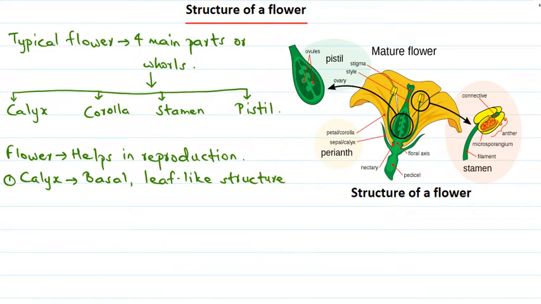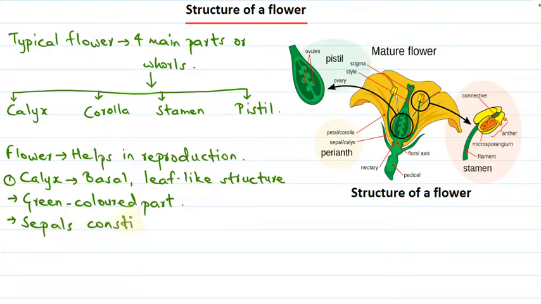The calyx is generally the green colored part of the flower, and the sepals constitute the calyx. So calyx is constituted by sepals. These sepals are green colored, and they appear like basal leaf-like structures.